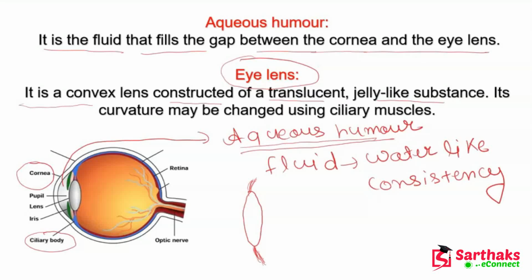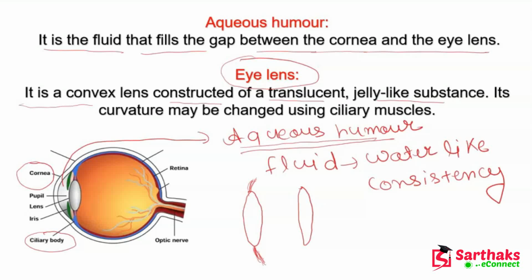Whenever the ciliary muscles relax, the lens becomes thick, and its focus changes. And whenever they get tightened, the lens becomes thinner like this. So in both cases, the focus is being changed. I hope, guys, it is clear how the focus is being changed.